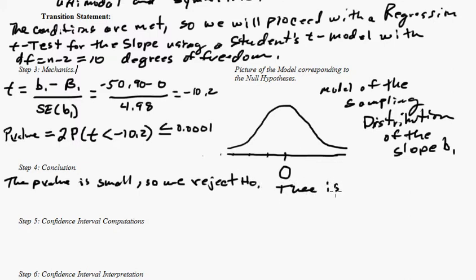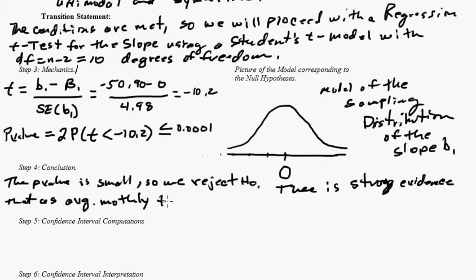There is strong evidence that as average monthly temperature increases, the electrical use decreases.